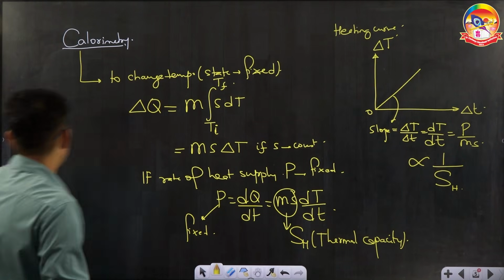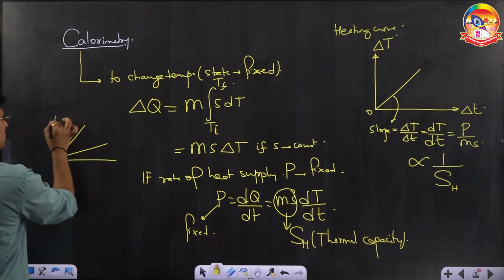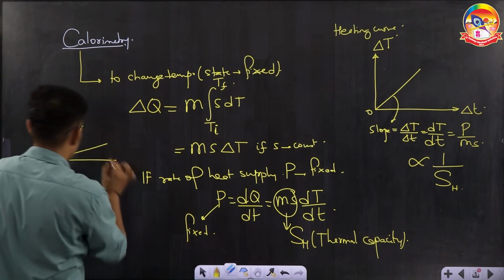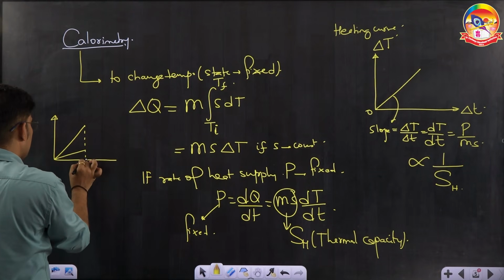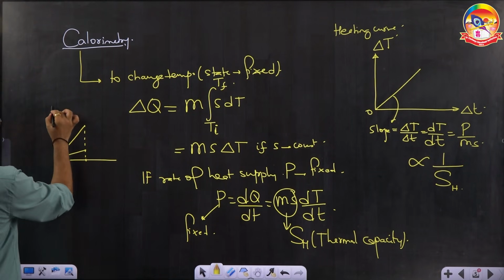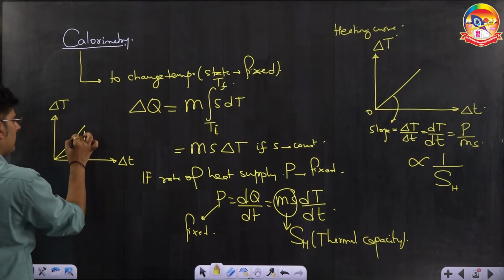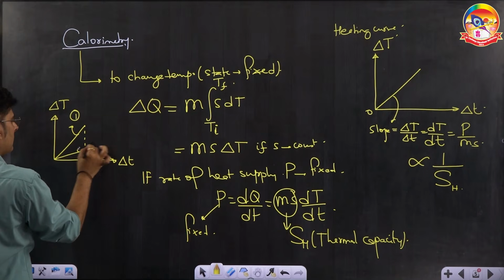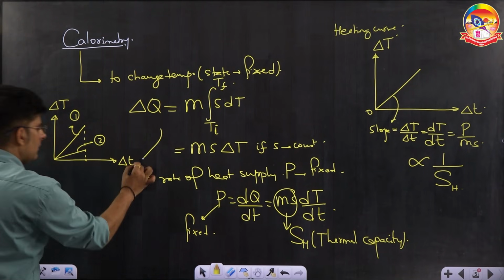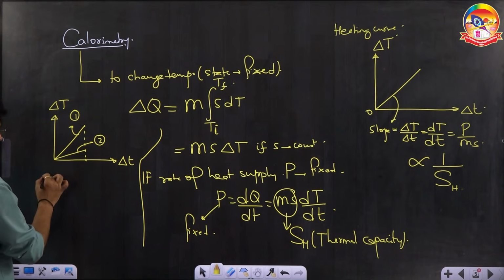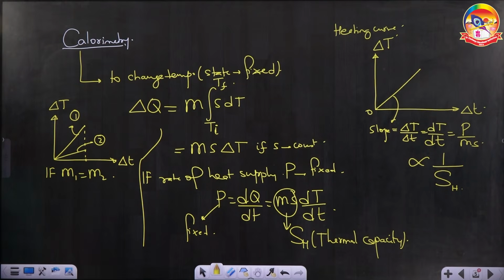Understood? So they ask questions like, they will give you two substances, heat is supplied at constant rate, and they say that mass of both the substances are same, m1 is equal to m2.